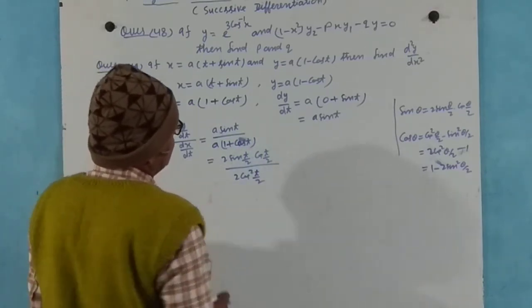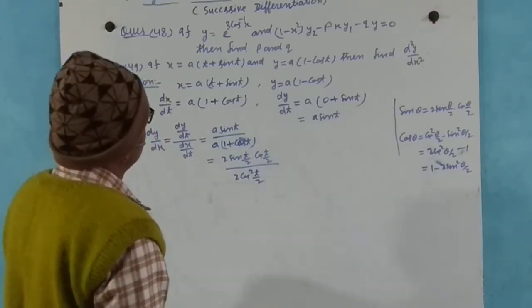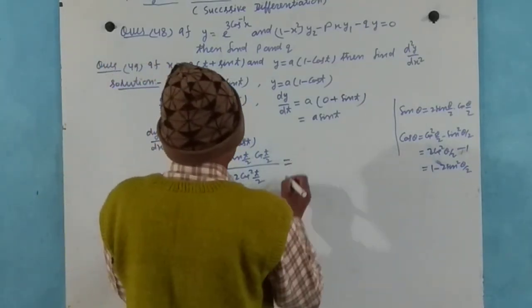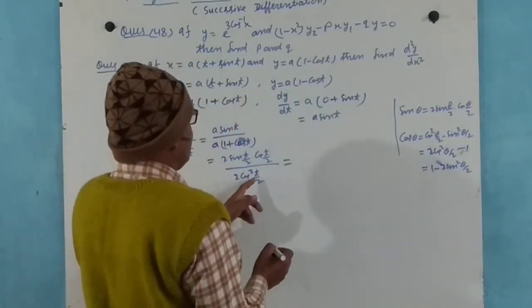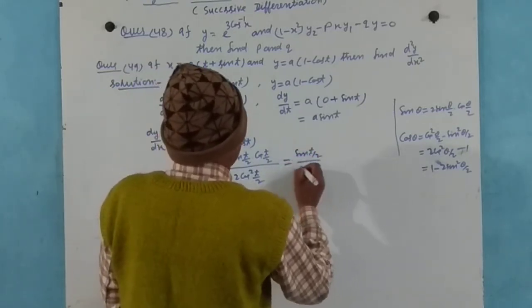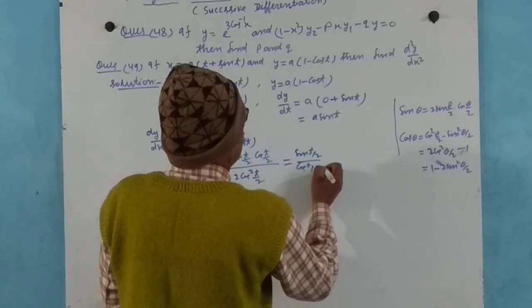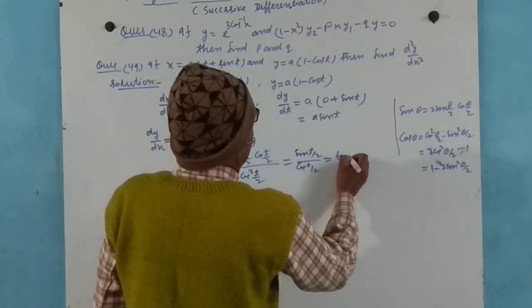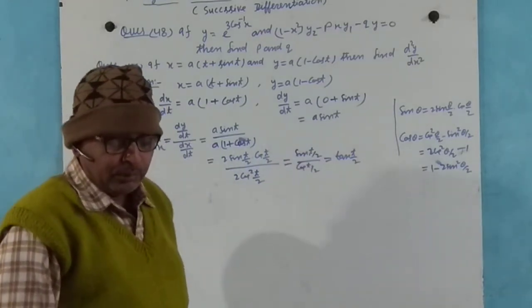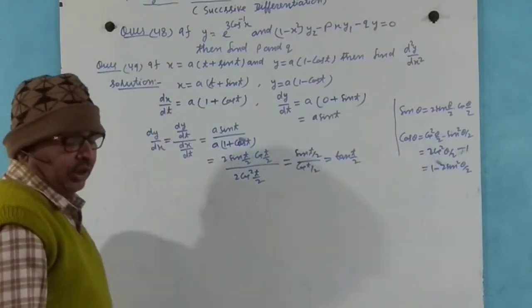Here 2 is removed, and this is equal to sin t by 2 divided by cos t by 2. This is equal to tan t by 2, so that dy by dx equal to tan t by 2.